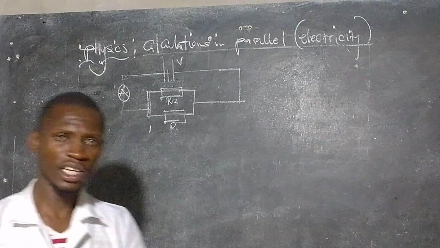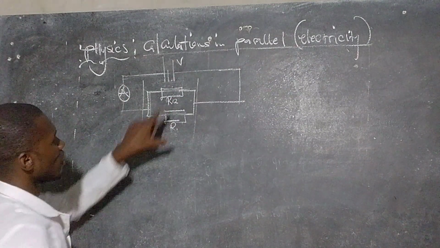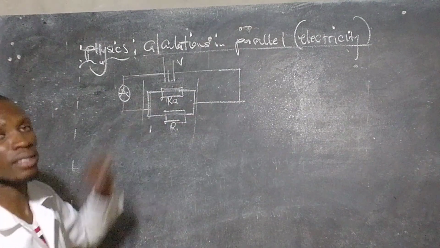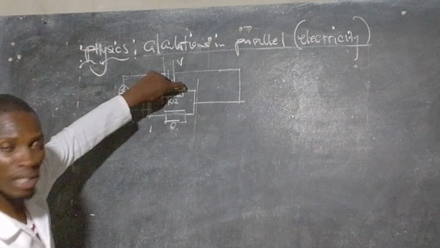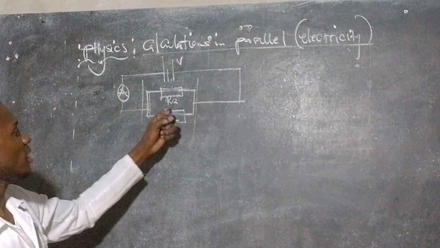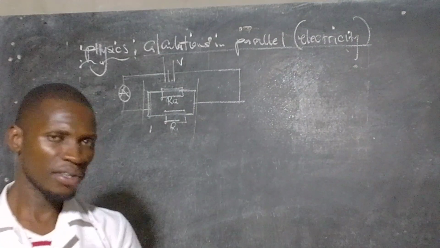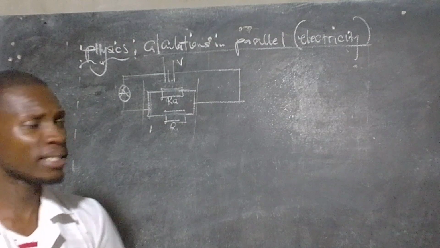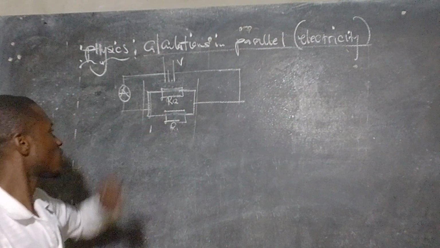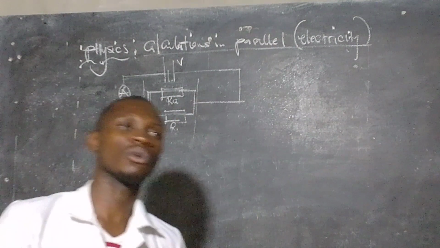Then the voltage which is in parallel, the voltage passing between these two resistors is equal. So the amount of voltage this one resistor is using and this one is equal. But the current in these two resistors will differ provided their resistance is different. If both resistors have 2 ohms, they will share the same amount of current.